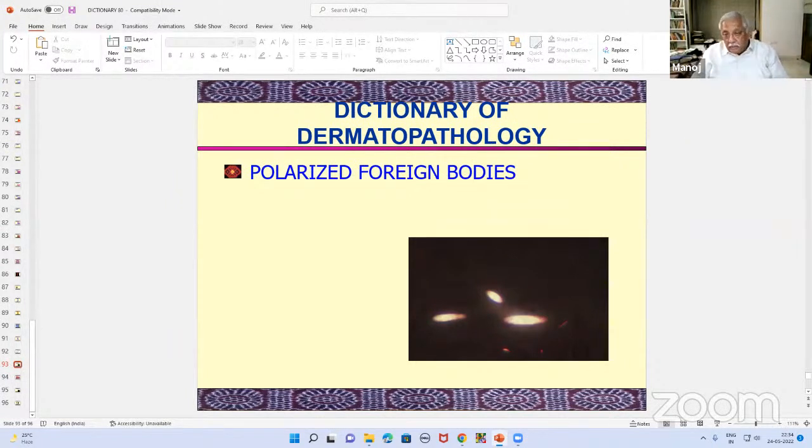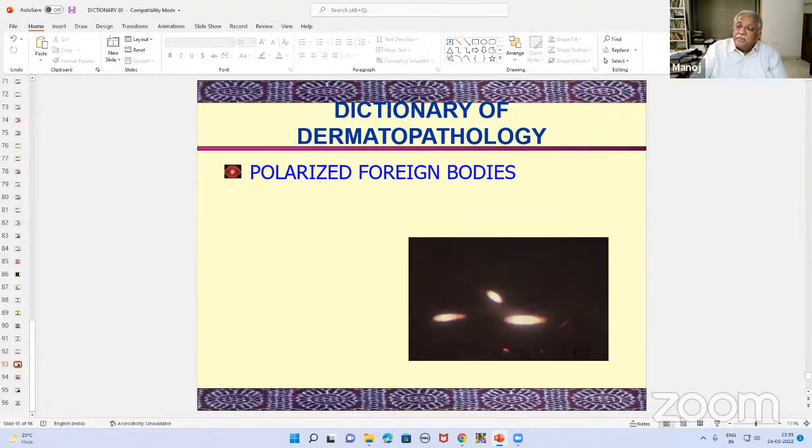For example, tricholemma. If it's a plain and simple tricholemmal cyst, then it's a cyst, it's out, it's gone. If it is a tricholemmal tumor, then definitely you have to look at it carefully, decide what type of tumor it is, what its potential is, whether it can grow back, whether it needs to be excised, and so on and so forth.